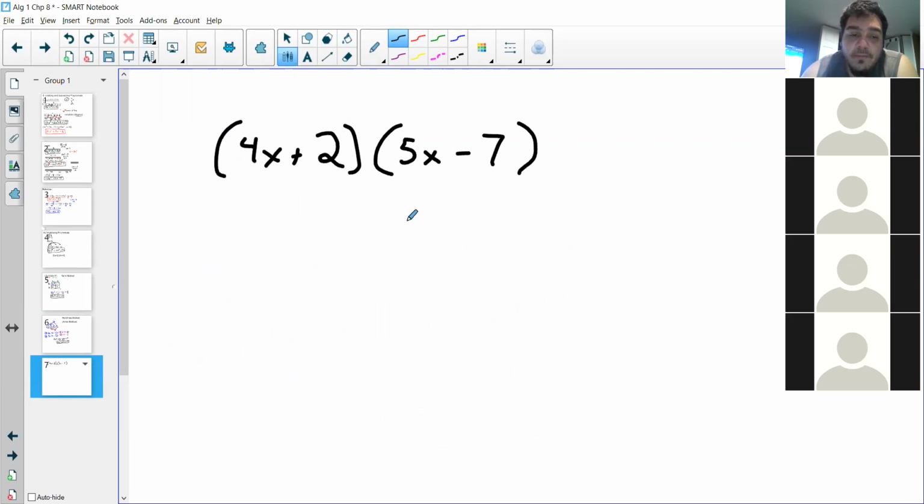Do that now. What's new about it is we have the negative, so try your best to think, what am I going to do with the negative? How will that change my values? How will that change what I combine like terms to?